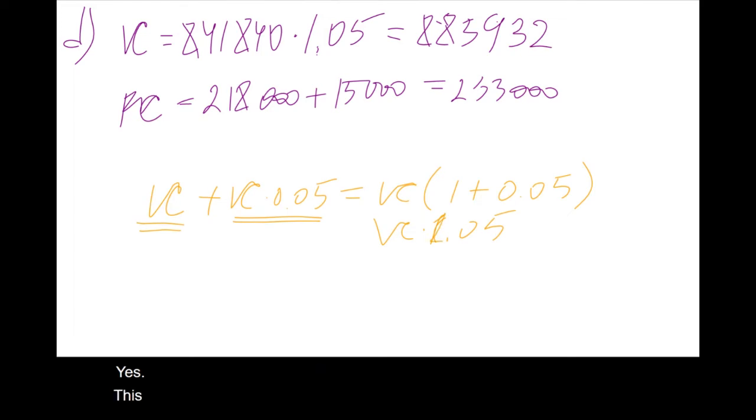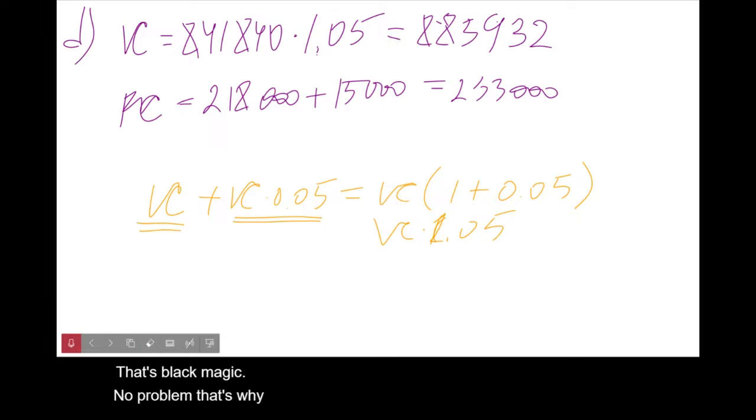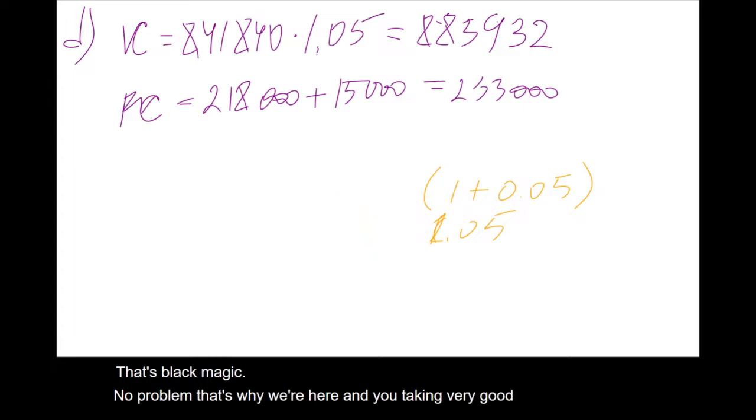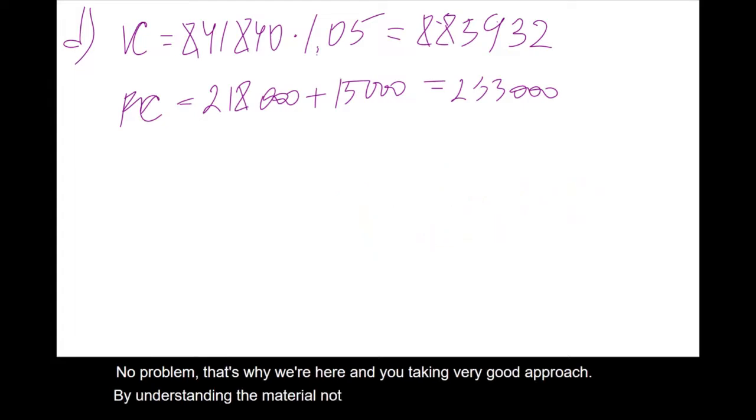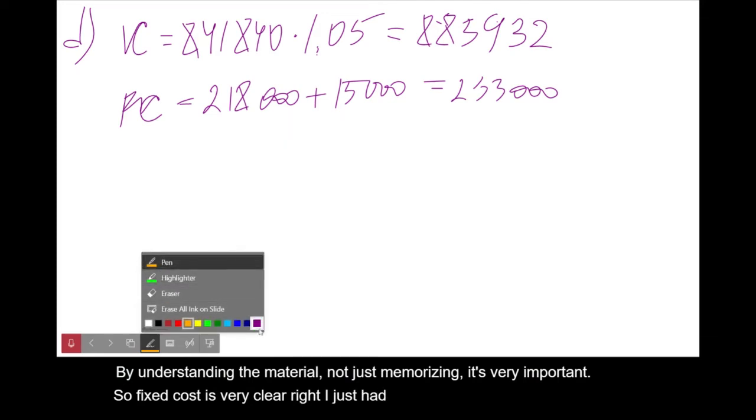This magic I call algebra. Ah, right. Okay, that's black magic. Sorry, I need to see things sometimes to really understand. No problem. That's why we're here. And you take a very good approach by understanding the material, not just memorizing. It's very important. So fixed cost is very clear, right? I just add two numbers and that's it.